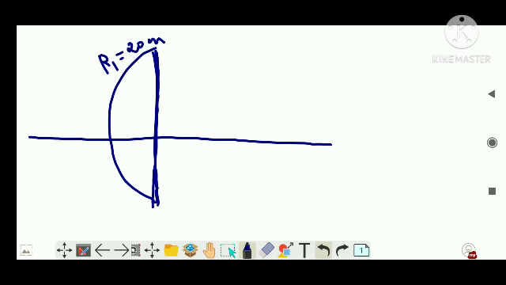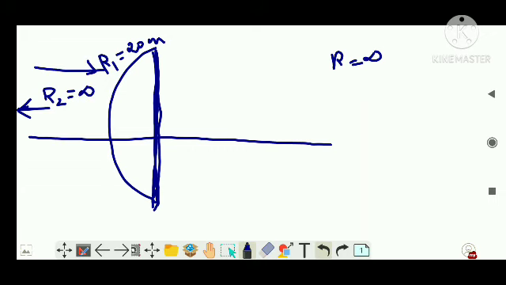Now this is a plane surface. Remember, for plane surfaces the radius of curvature is infinity. So R2 is infinity. Suppose this is the incident ray direction, so R2 will be negative infinity. Clear?